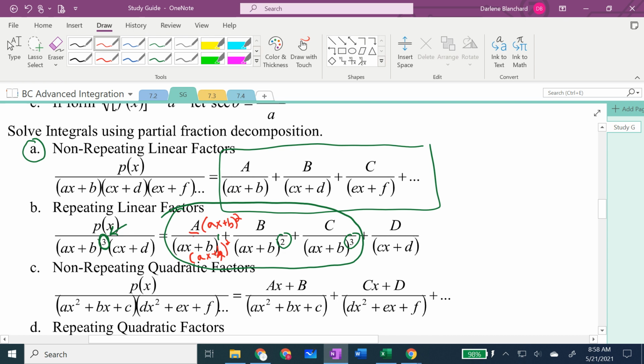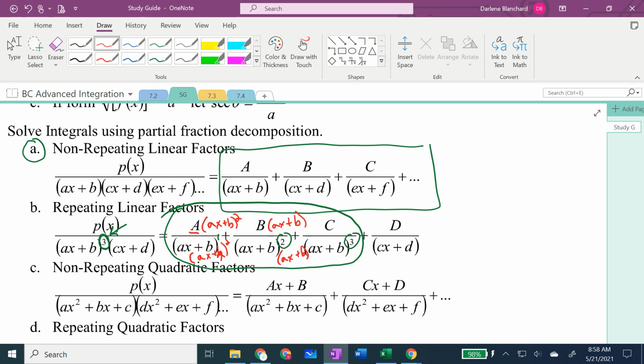If I have a constant times a quadratic, that is going to create for me a quadratic numerator. And this one has to be multiplied by an ax plus b, making a linear numerator. So this isn't what you are doing, but I'm trying to explain why this is acceptable.